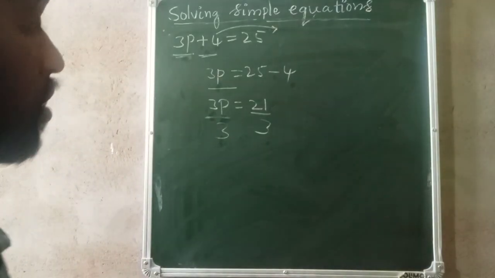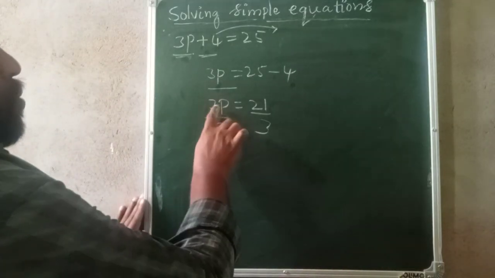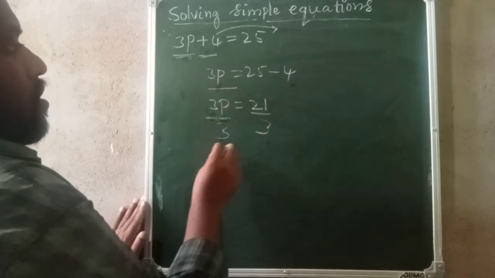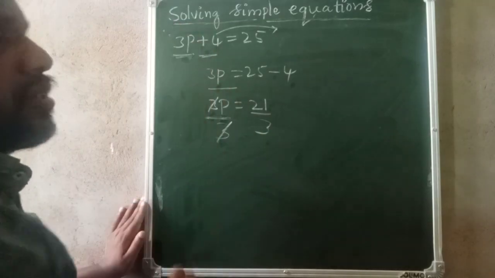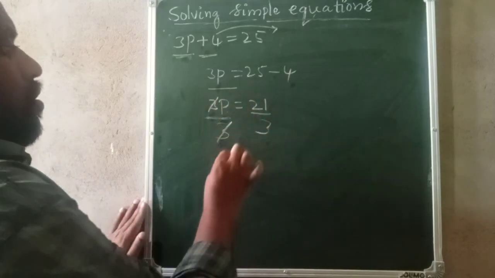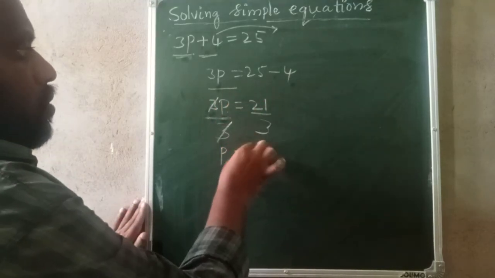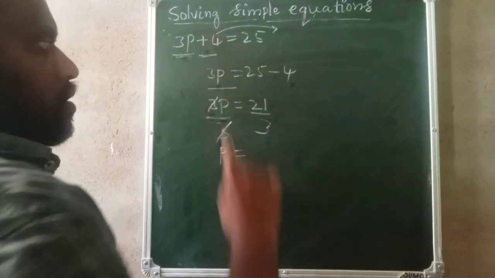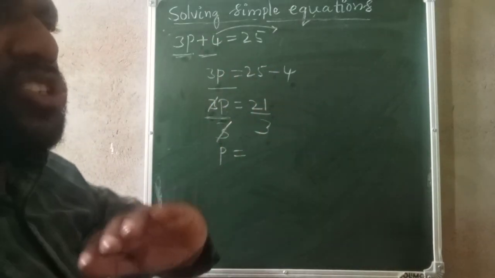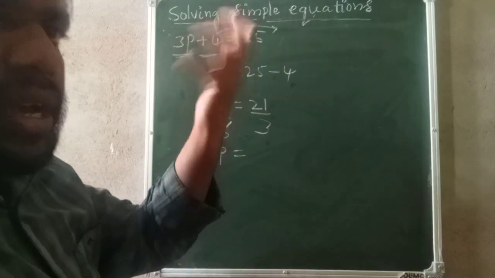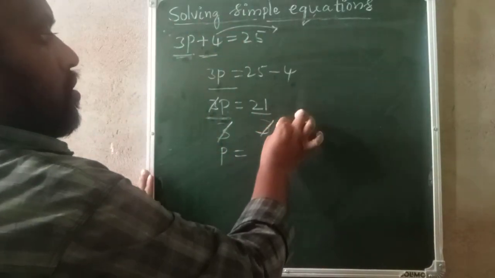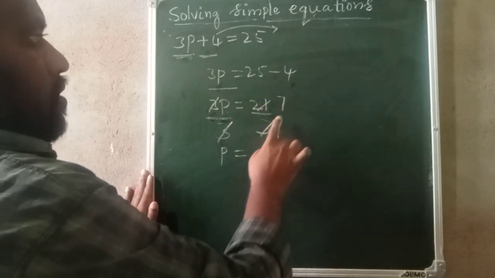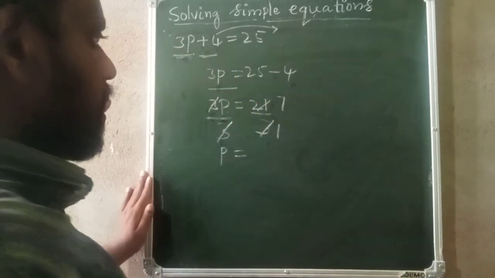Now because there is multiplication between 3 and p, and this is division, you can cancel 3 and 3. Now write p is equal to 21 by 3. That means divide 21 by 3. 3 ones are 3, 3 sevens are 21.